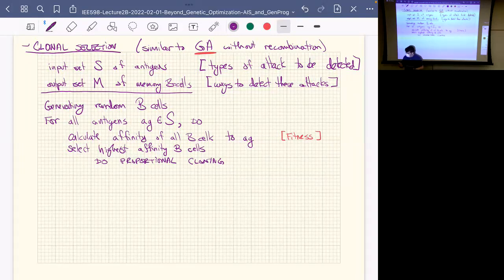So it's just like fitness proportionate selection or ranking selection. So there's a bunch of different selection operators that you could imagine going on here. So I could call this process here like a selection operator.